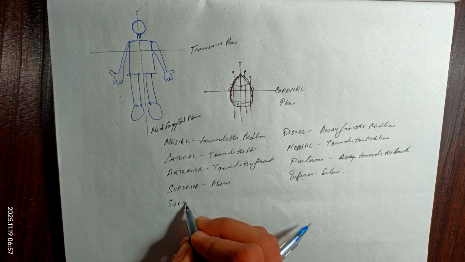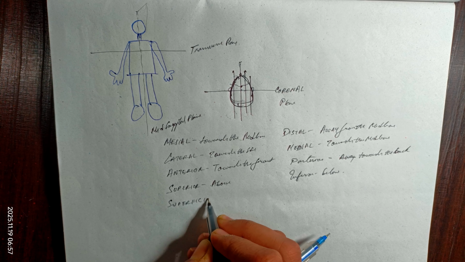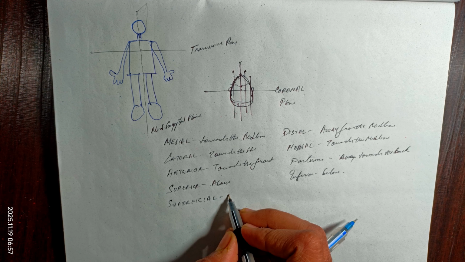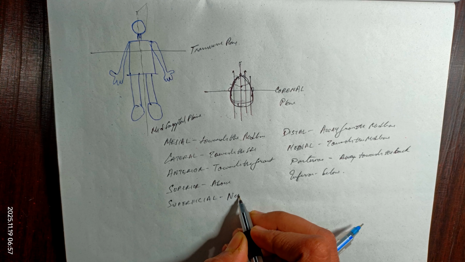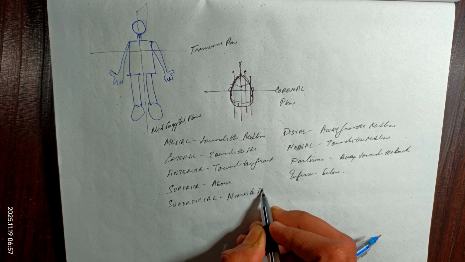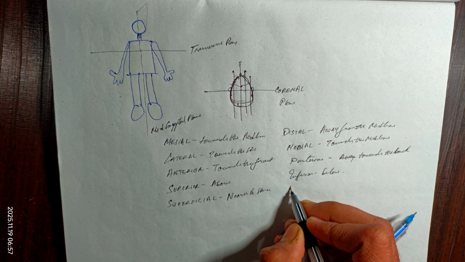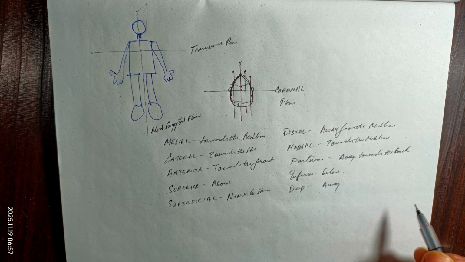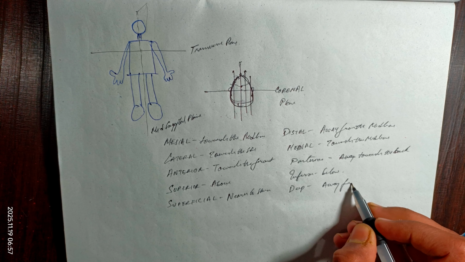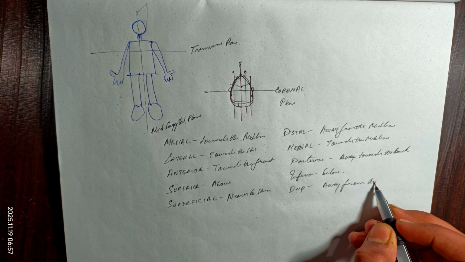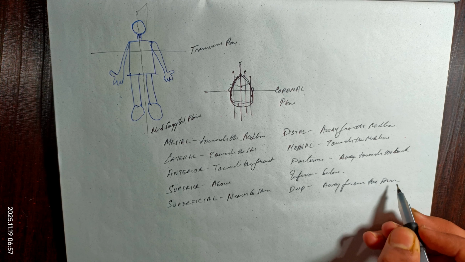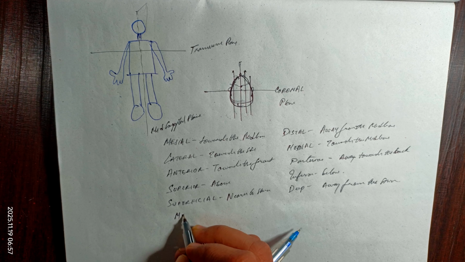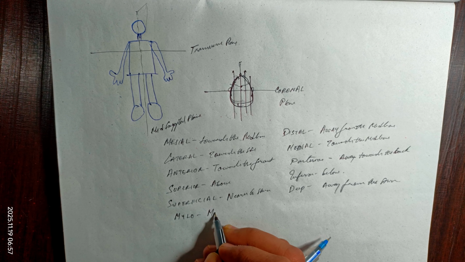Superficial: nearer to skin. Deep: away from the skin. Milo means molar.